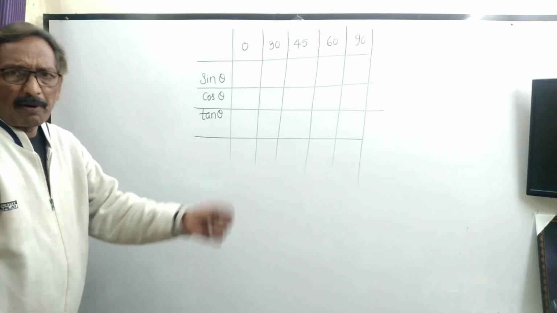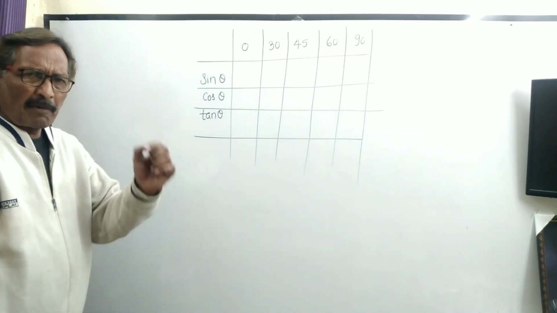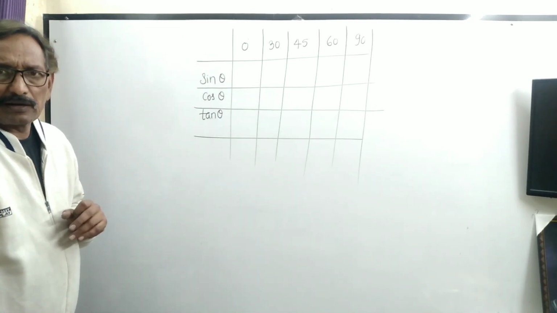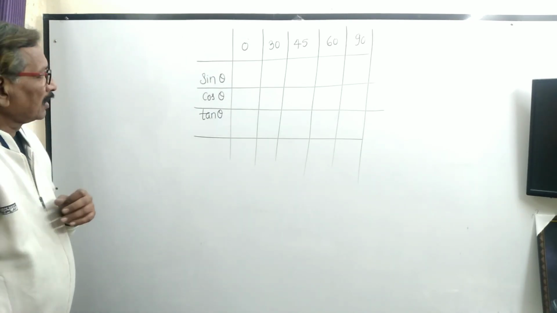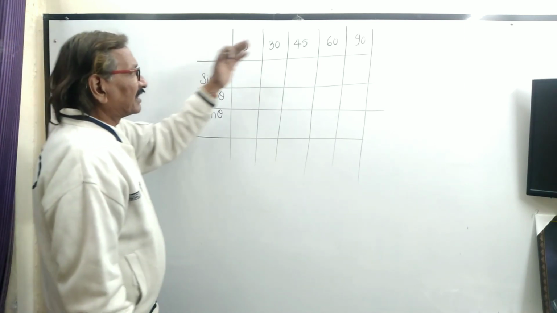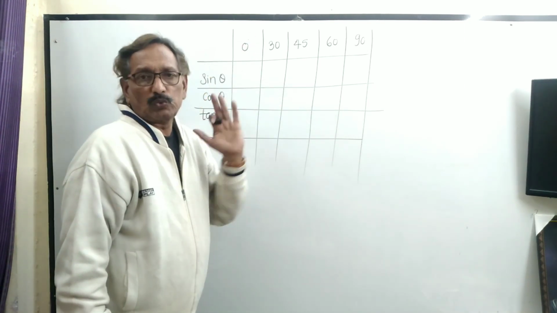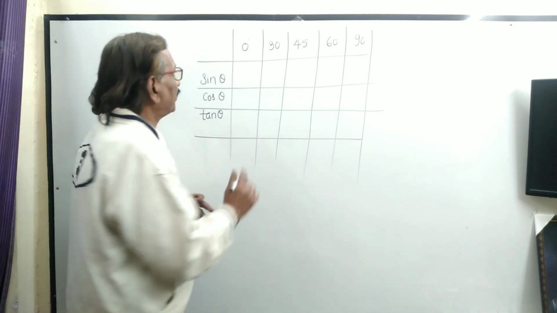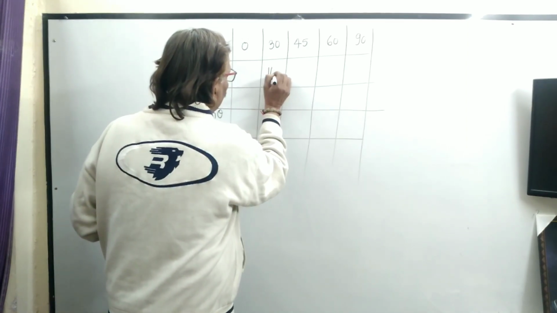Few things we need to remember. We need to remember very, very simple things out of which this complicated table gets converted or developed. Sin 30 is 1 by 2. That's all. First thing to remember is sin 30 is 1 by 2. So I write here 1 by 2.